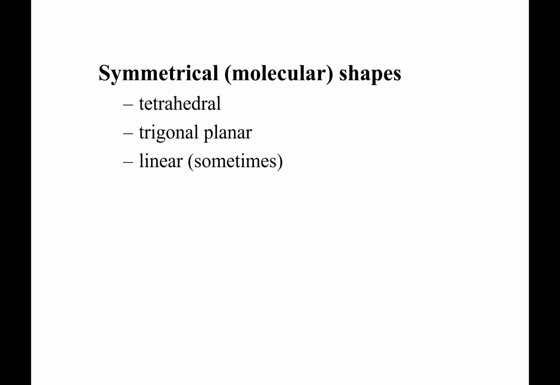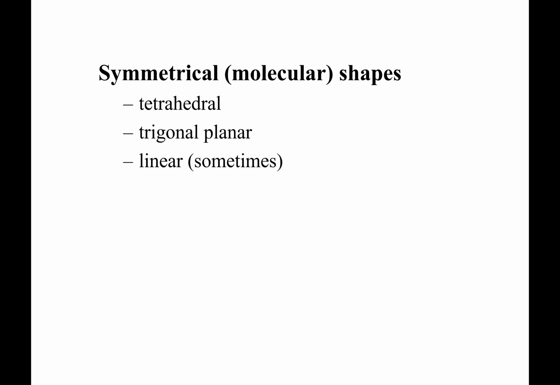So what shapes work well? Now these would be molecular shapes, not electron pair count. These are the shape of the molecule. What works well for a molecule? Well, the tetrahedral, that was this one we did, CH4 or CCl4.